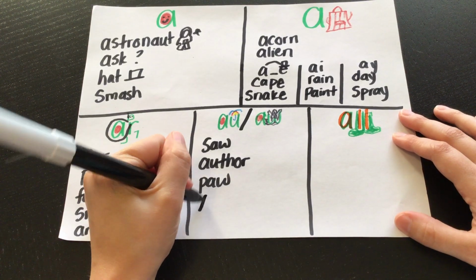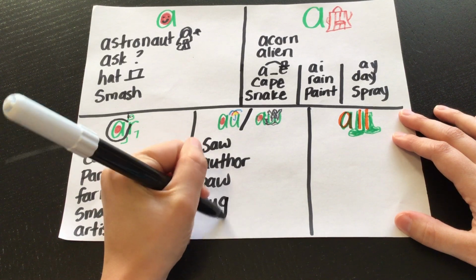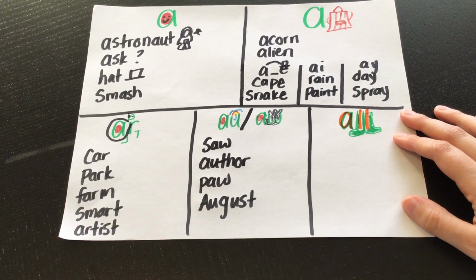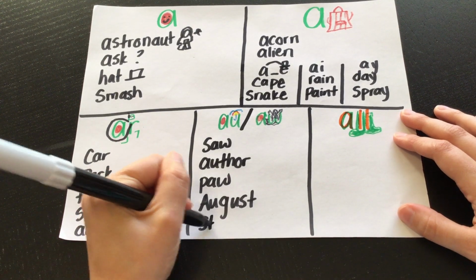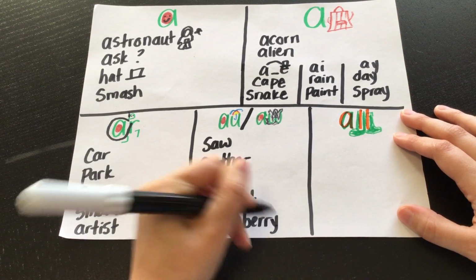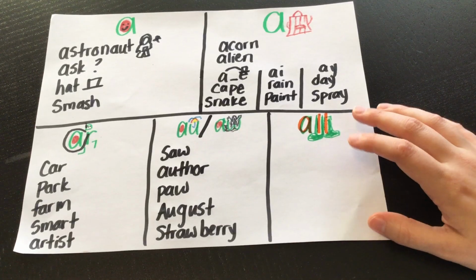The month of August starts with that AU. August. Right? Does that make sense? Ooh, one of my favorite ones. Strawberry has that AW in the middle. Straw.